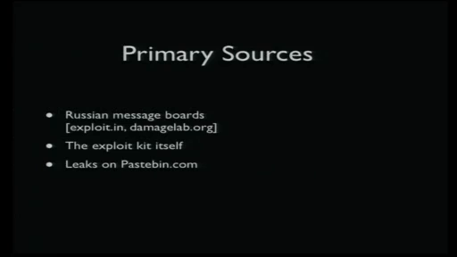The other thing is pretty much everyone is getting the information from these three sources. Actually this one's kind of optional, but basically there's the exploit kit itself. And then there's everything the author posts on a bunch of message boards in Russia. These days it's mostly exploit.in.